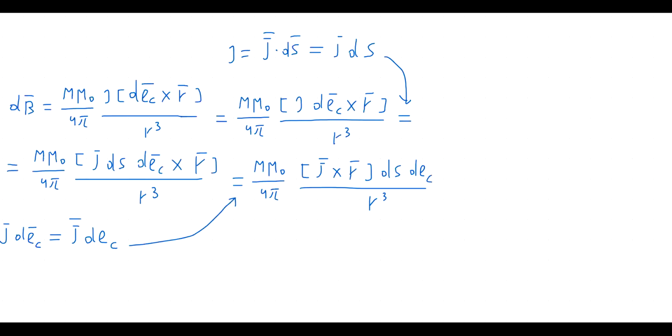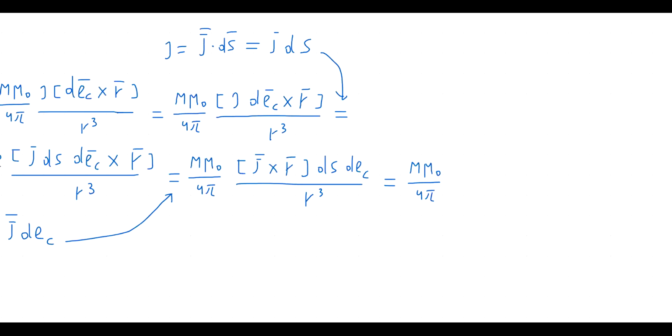So from here we have the formula of the Biot-Savart law, dr, multiplied by the differential of the volume, divided by r to the power of 3.